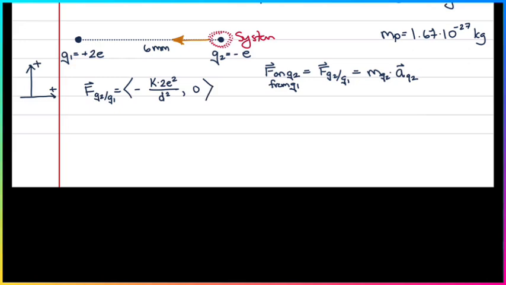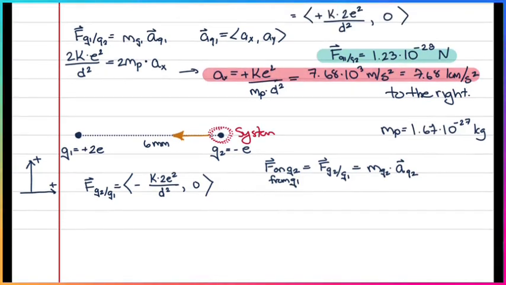Nothing going on in the y direction. And again, I would have figured that out by the same formula. It's the same k, same Q1, same Q2, same d squared. But since I drew this arrow pointing to the left, and that's the negative direction, that's why I put the negative sign in.